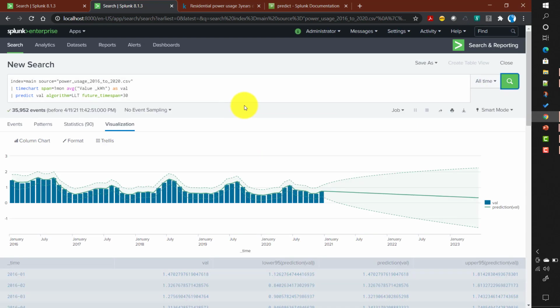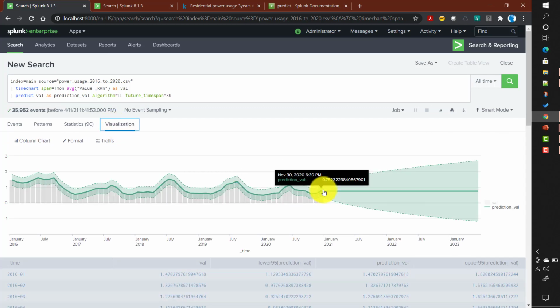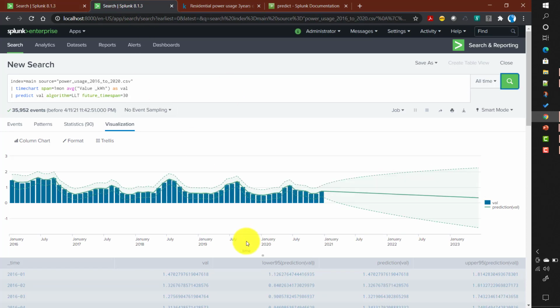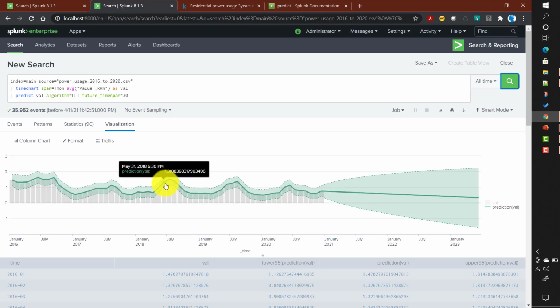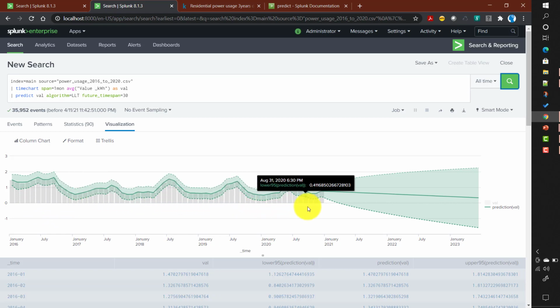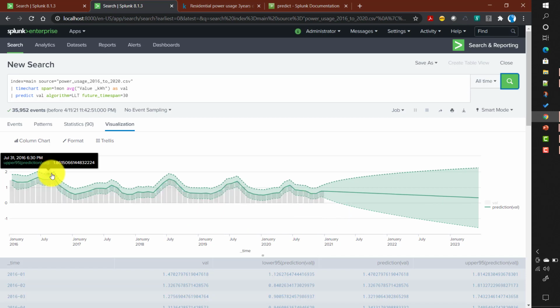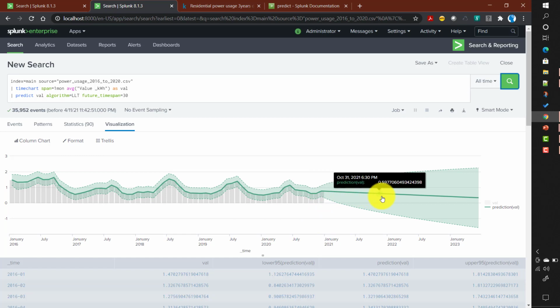Okay, now see it. One interesting factor is coming up. For local level, if I just go to the visualization, it is calculating the average. That's why all those values are the same throughout this future timestamp, correct? But if you see it over here, because it considers the trend, and when we initially saw our data set, during 2016 the power usage was more compared to when we were moving to 2020, correct? So that's why this time series has a decreasing trend, which it is able to capture over here as well.